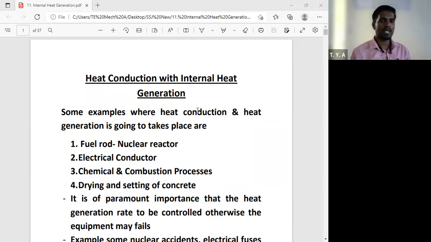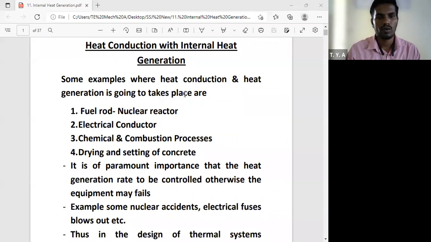Now we have to see the next point, heat conduction with internal heat generation.